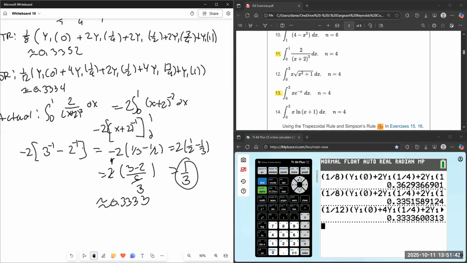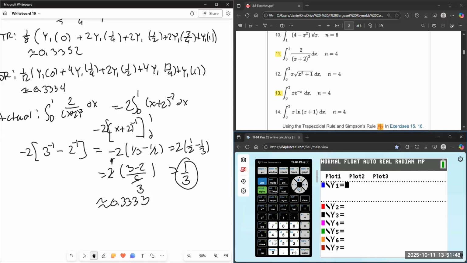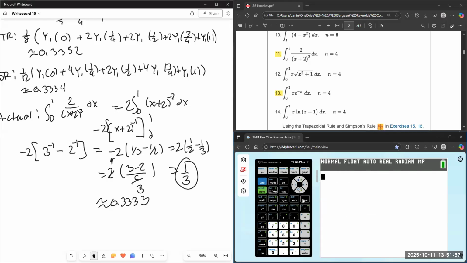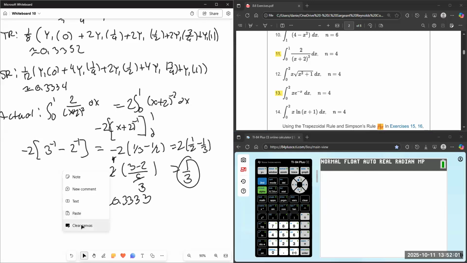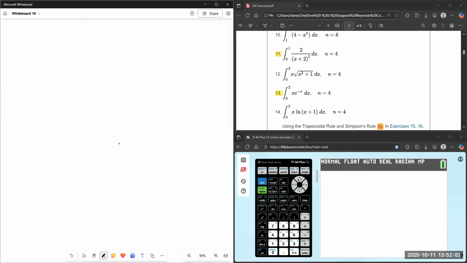Let's look at 13. 13 is y equals x e to the negative x. Clear this, and I have the integral from 0 to 2 of x e to the negative x dx, n equals 4.